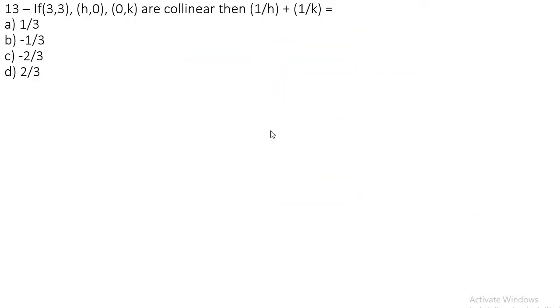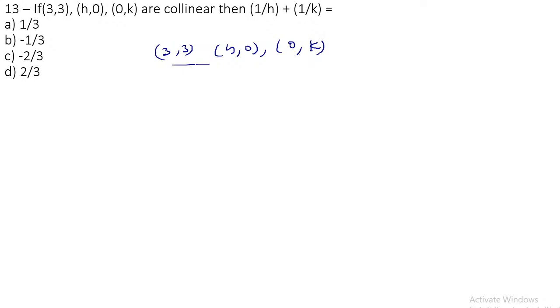If (3, 3), (h, 0) and (0, k) are collinear, then find 1/h + 1/k.